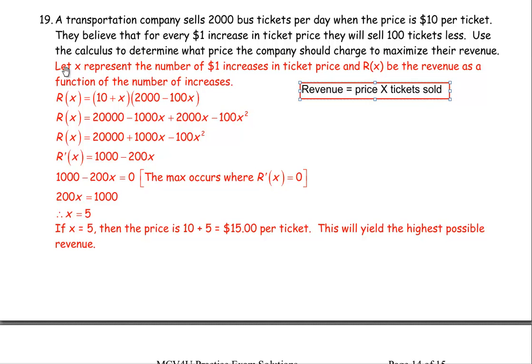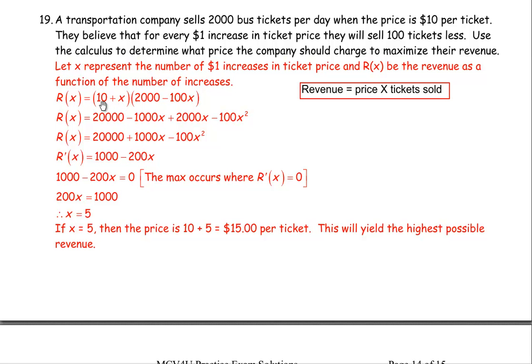Now, I'm going to let X represent the number of $1 increases in ticket price, and R of X is going to be the revenue as a function of however many times we increase the price. The way you calculate revenue, it's the price you're charging multiplied by how much you're going to sell. And so this is where this function comes from, R of X, the revenue.